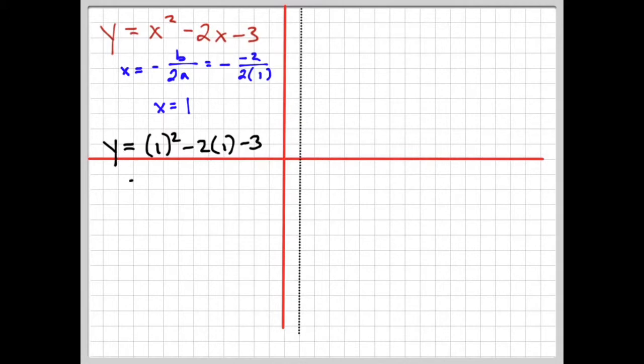And what do we get? Let's see, we got 1, minus 2, minus 3. What does that equal? Negative 4. There's our vertex.